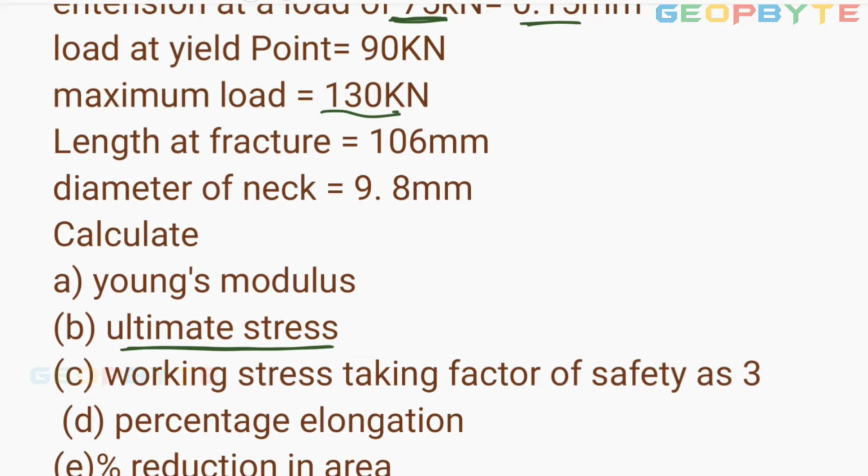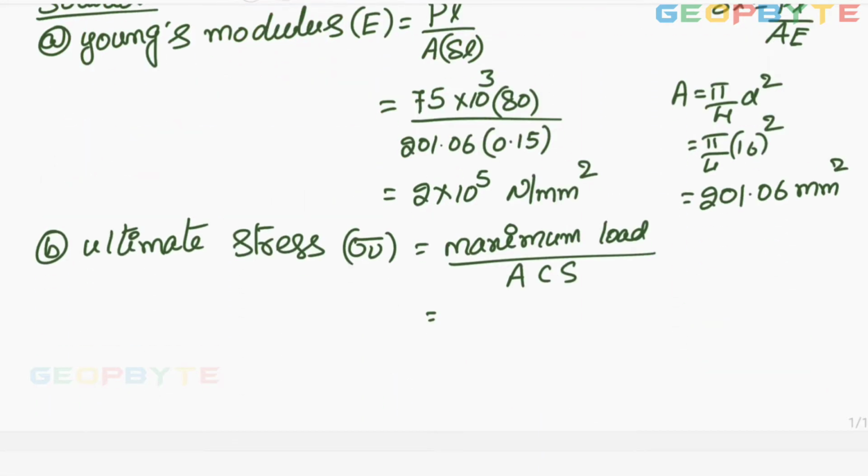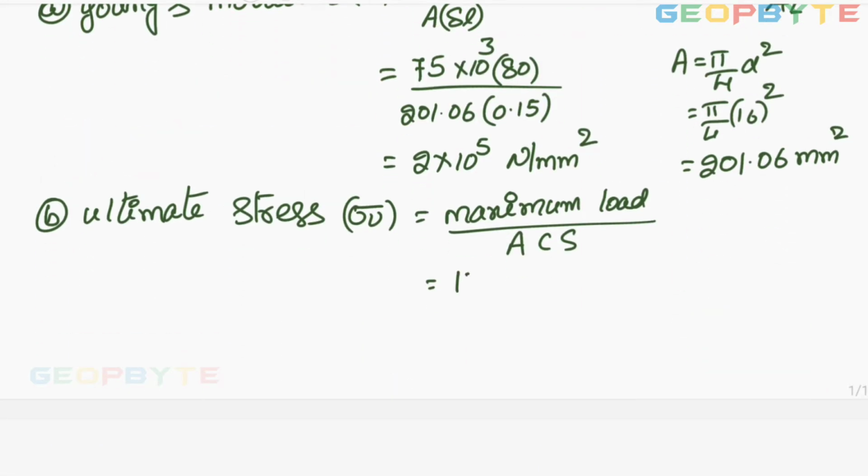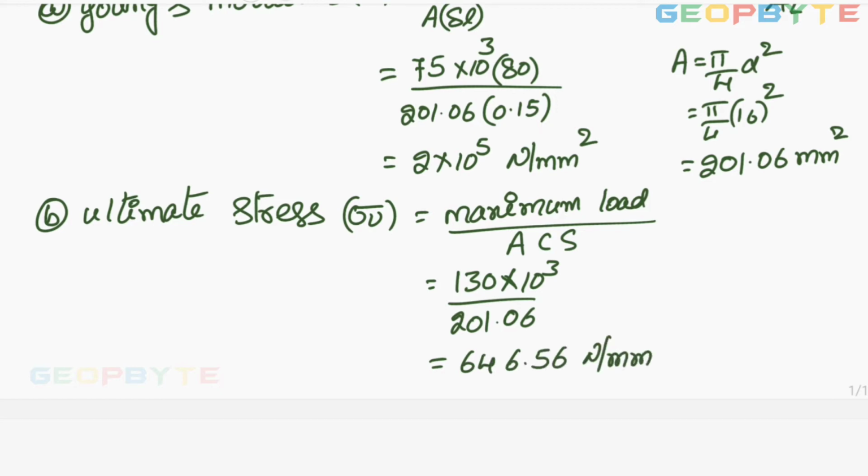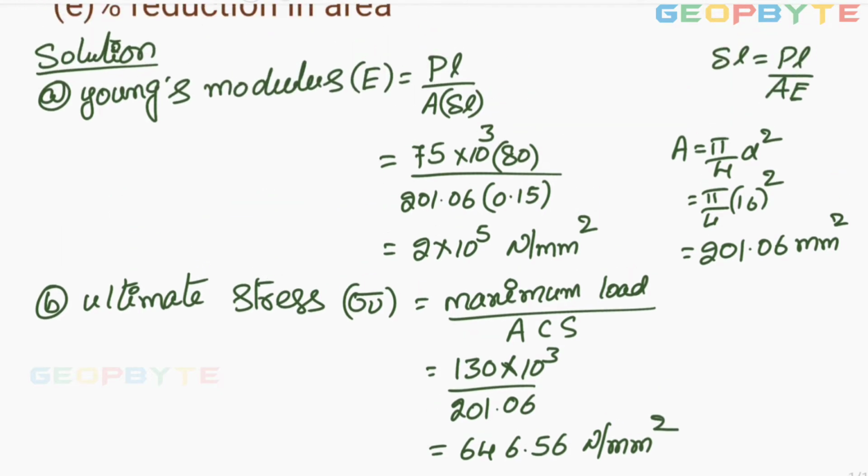Ultimate load or maximum load is 130 kilonewtons. So it is 130 into 10 raised to 3, because it is given in kilonewtons, divided by area of cross section 201.06. The resultant value is 646.56 Newton per millimeter square. That is the ultimate stress.